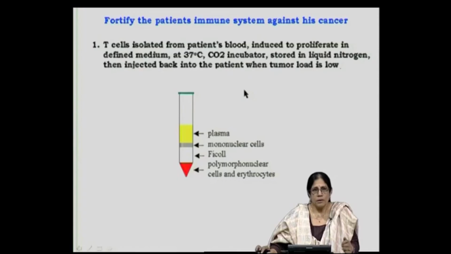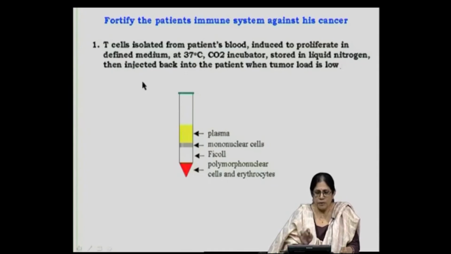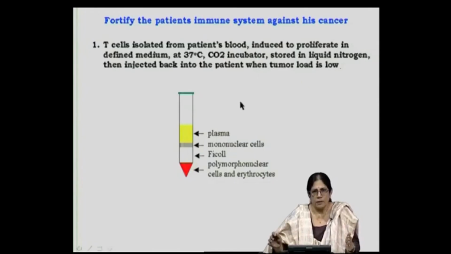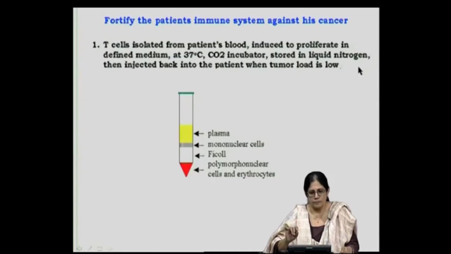Therefore, their T cells in the blood cannot be induced to proliferate as well as if the T cells are isolated and induced to proliferate in defined medium outside, in an incubator under, of course, regulated conditions of 37 degrees centigrade and in the CO2 incubator. After a good number has been generated, then these can be stored in liquid nitrogen.